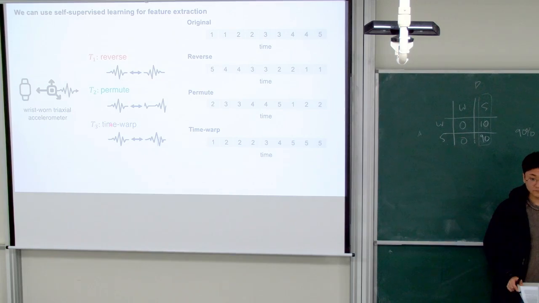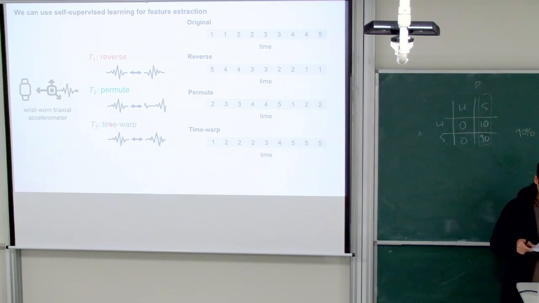Did they open the code? Oh, I think they opened the code. Also, some of the PSG and acceleration data is also available. I think not the UK data, but their own data are open.